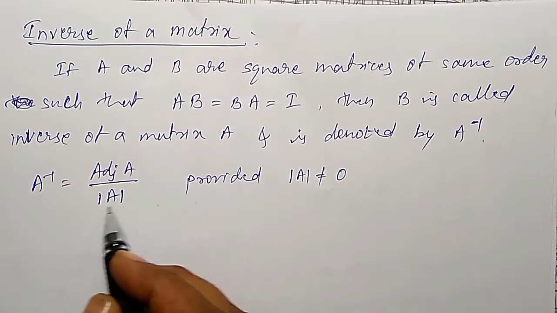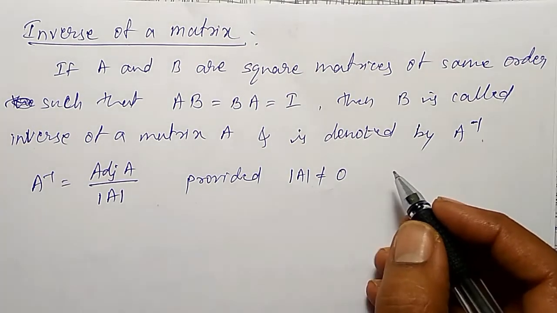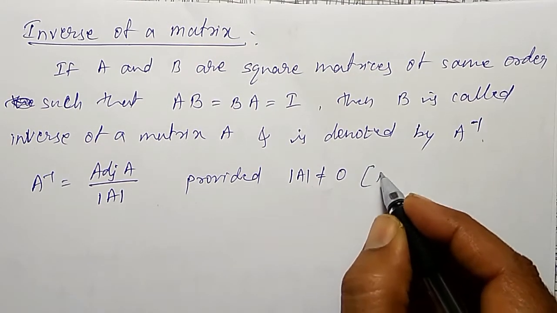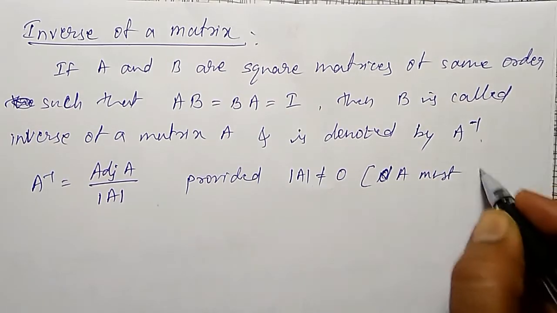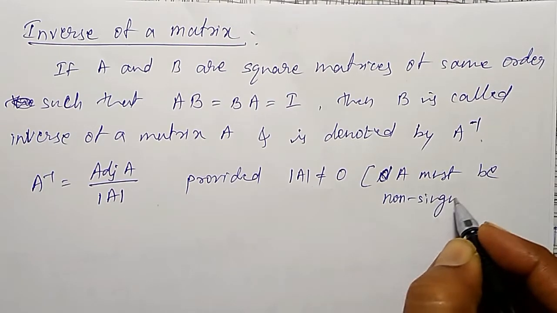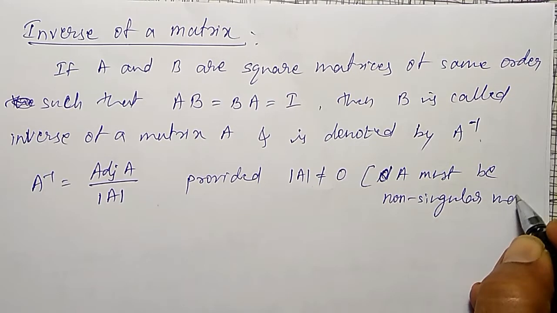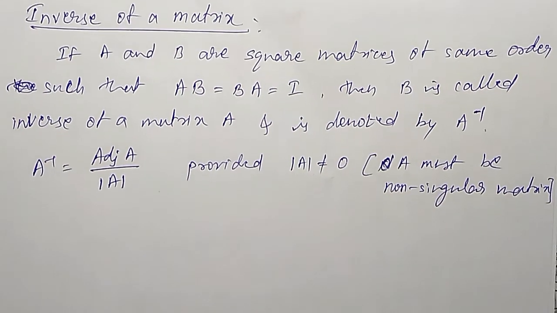That's why the determinant of A must not be equal to 0. That is, A must be a non-singular matrix. Non-singular means the determinant of A is not equal to 0.